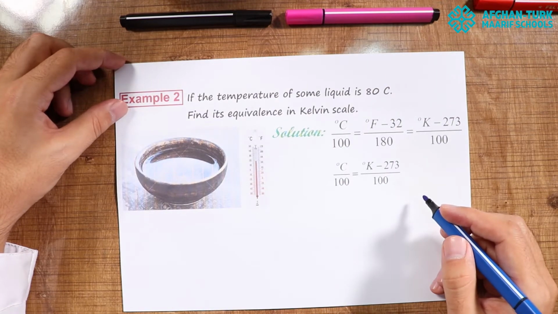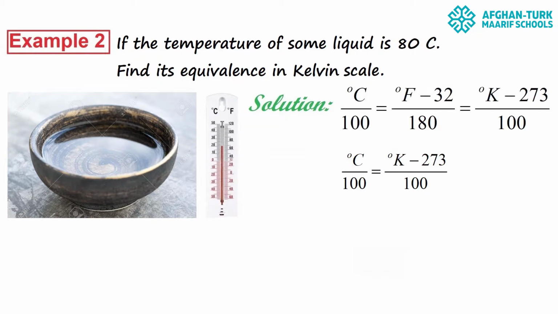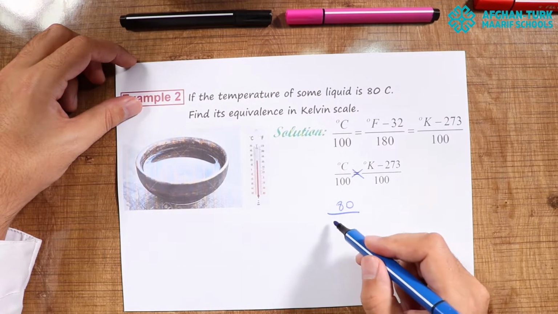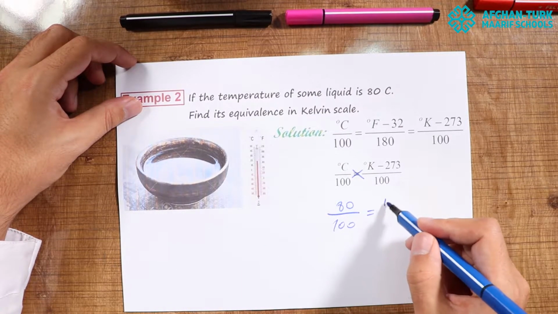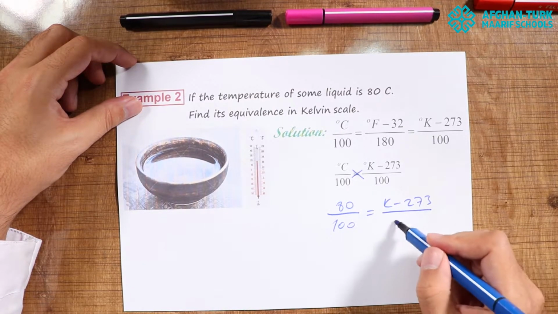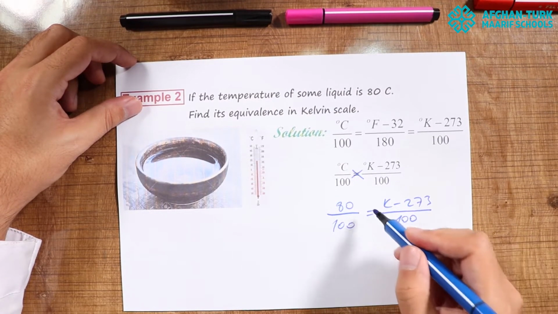In this one we have some liquid at 80 degrees Celsius and we will find its Kelvin equivalent. By using this relation, 80 divided by 100 equals K minus 273 divided by 100.